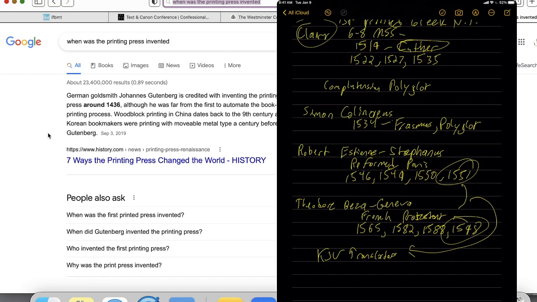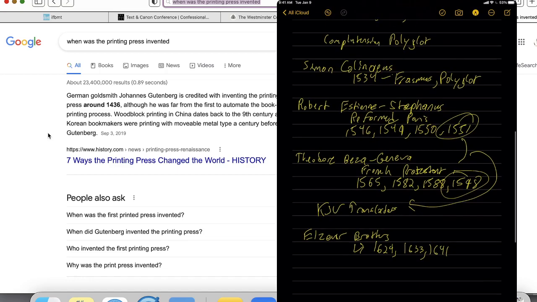Now, there were also some people called the Elsevier Brothers. We're almost done with this section. The Elsevier Brothers published Greek editions of the New Testament in 1624, 1633, forgive my handwriting, in 1641. And they followed Beza's 1564 edition.